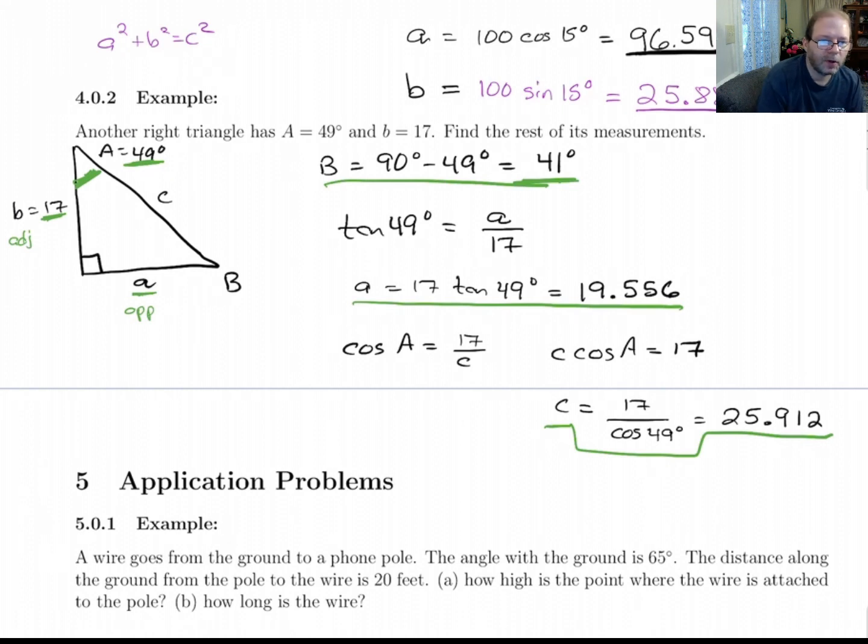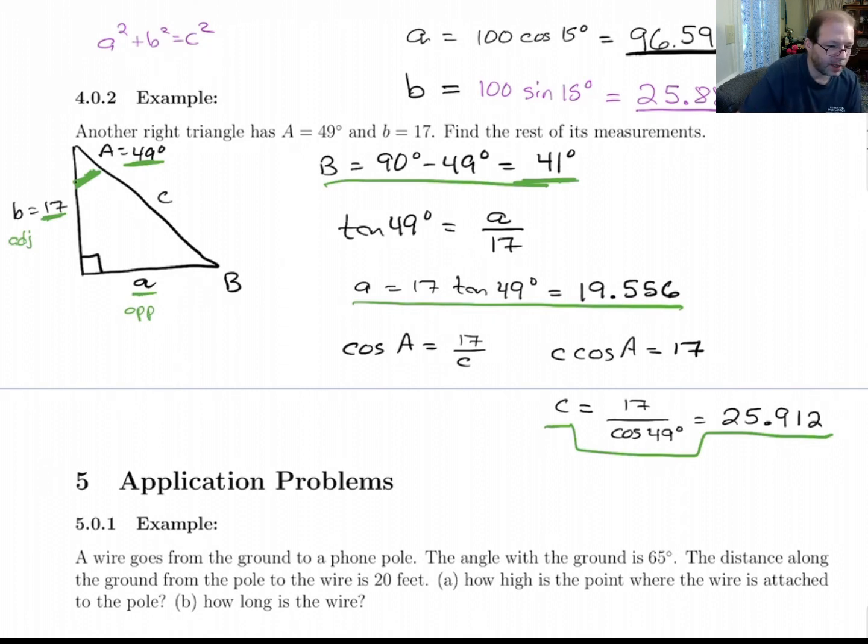Okay, let's check it. What I'm going to do is use the Pythagorean theorem to check it. I'm going to look at a squared plus b squared, which should be equal to c squared. So let's do that. A was 19.556 and b was 17.